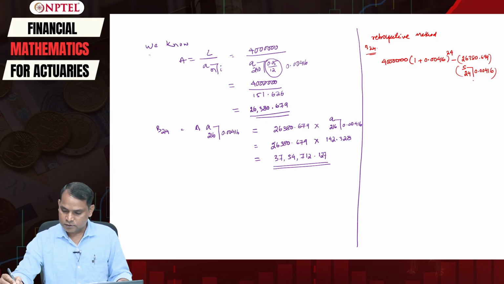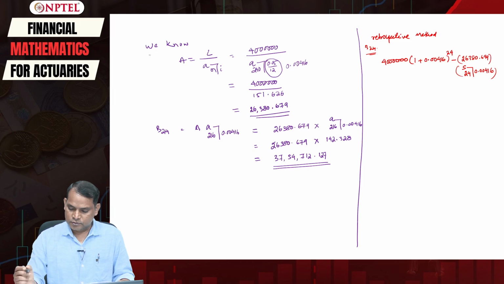So now you know how to compute this, right? S angle n at i can be computed as (1 plus i) to the power n minus 1, divided by i.